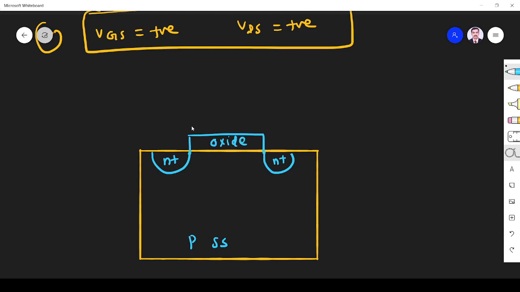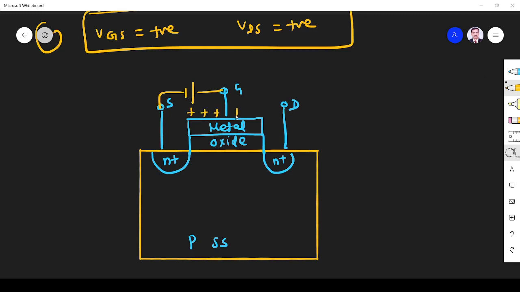Oxide, metal, gate, source and drain. Here we are applying a positive VGS. When we apply positive VGS, positive charge carriers accumulate here.